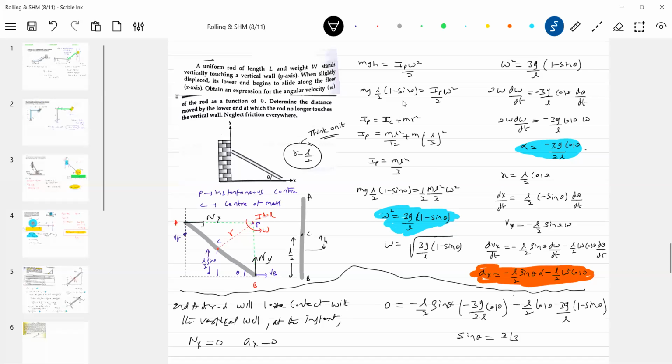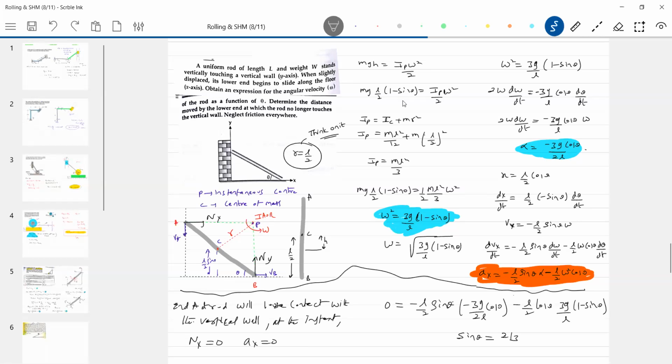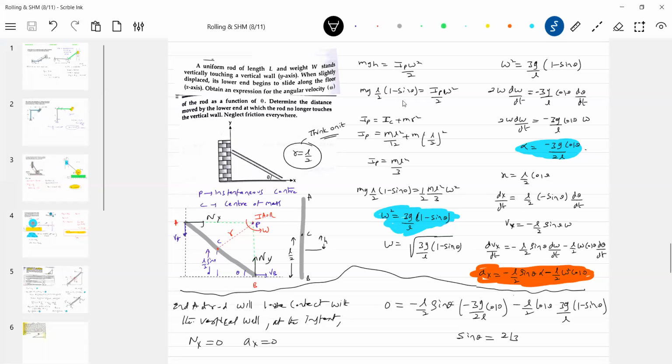He is asking to determine the distance moved by the lower end at which the rod no longer touches the vertical wall. What do you mean by the distance moved by it? I think we should calculate this particular distance OB.